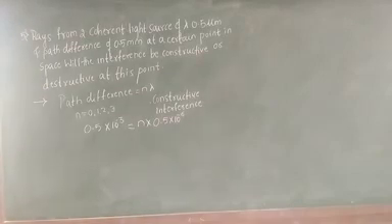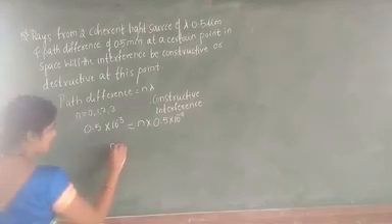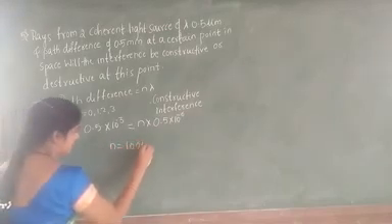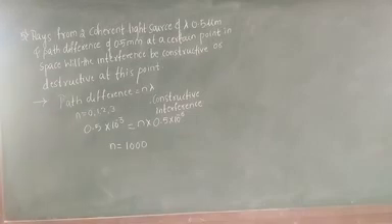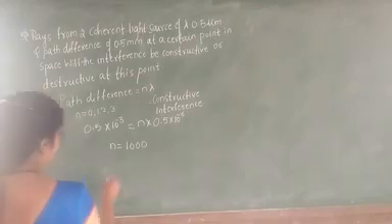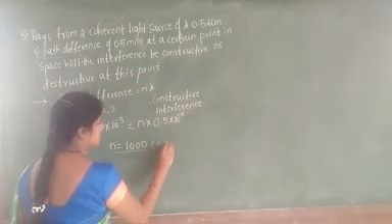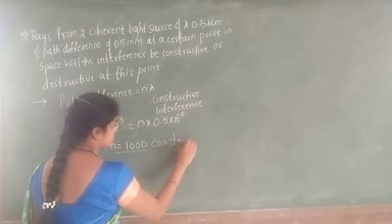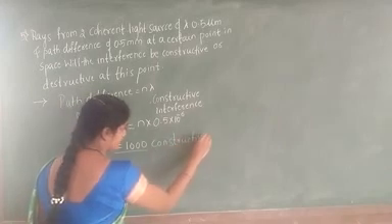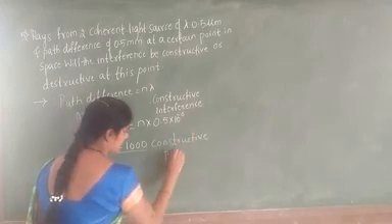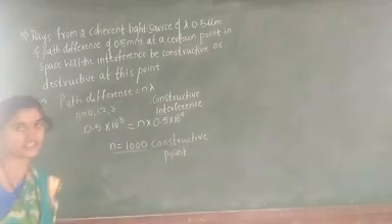Therefore n is equal to 1000. It is an integer. Therefore the interference is at a constructive point, and it is not a destructive point.